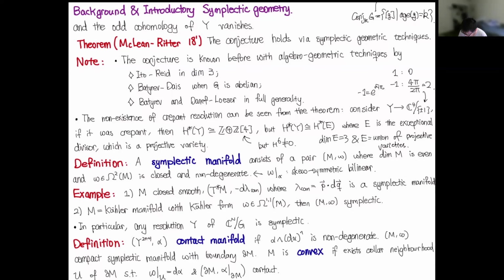Here I use the vector notation, but this really means the sum over all the coordinates p_i dq_i, which is borrowed from physics, where p_i is the cotangent direction, which gives you the momentum, and q_i is the direction of the zero section, or the M direction, which gives you the position.